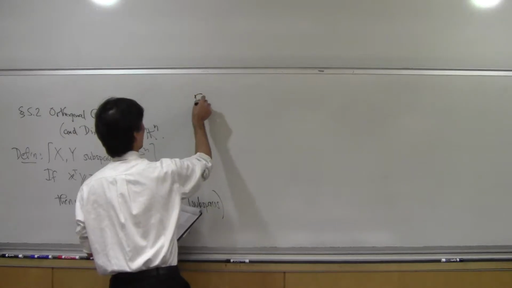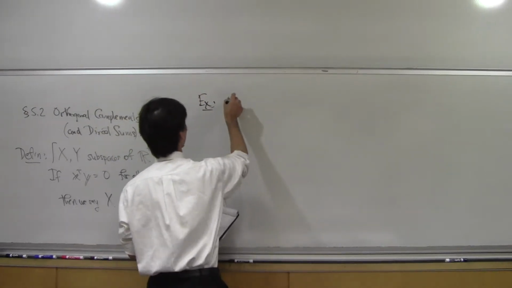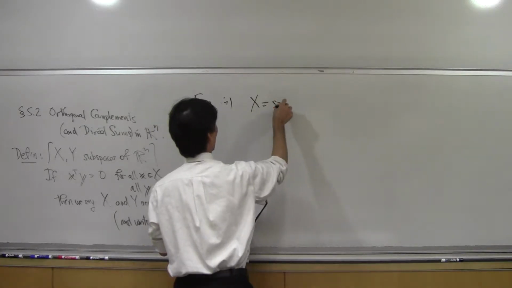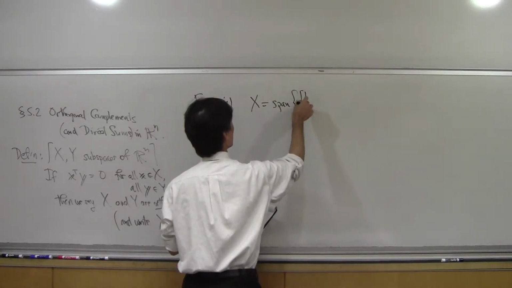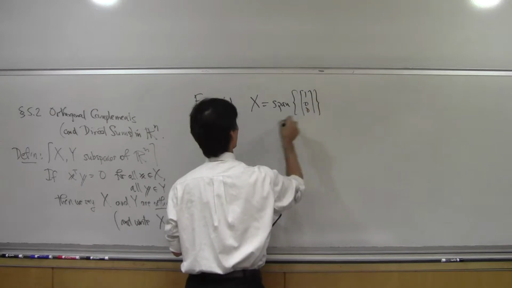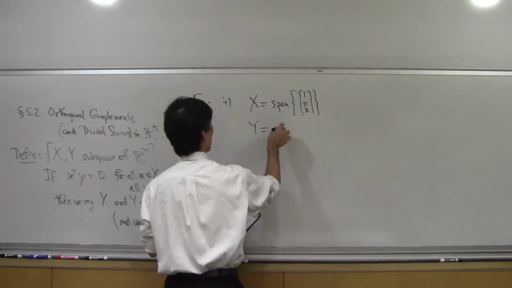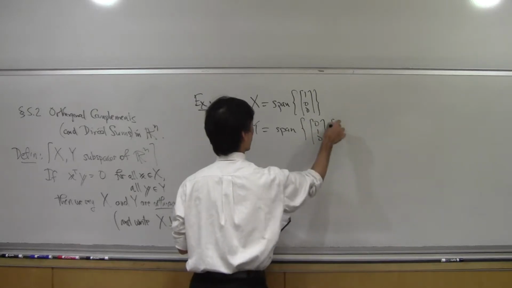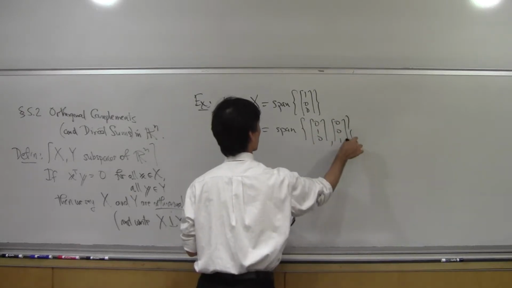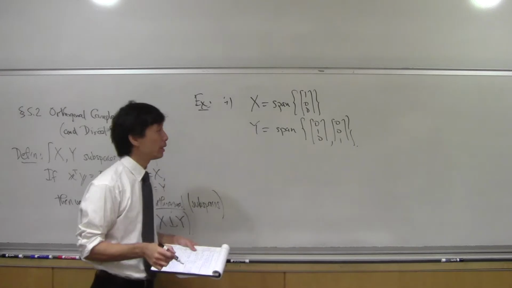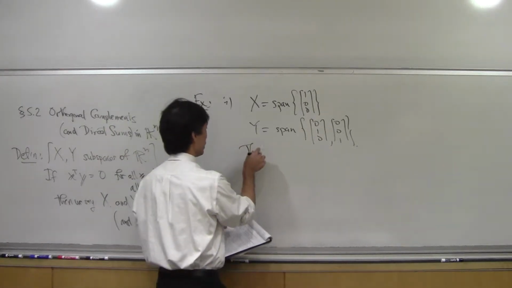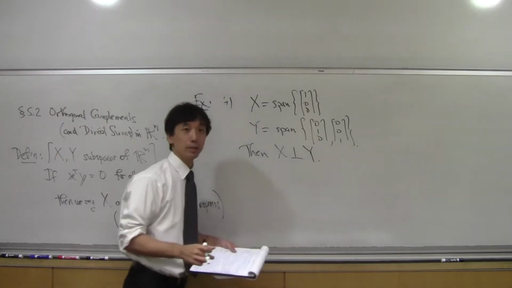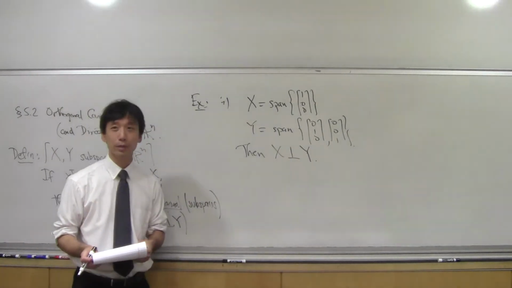So for example, if X is the span of (1, 0, 0), and Y is the span of (0, 1, 0) and (0, 0, 1), then these subspaces of R3 are orthogonal to each other.